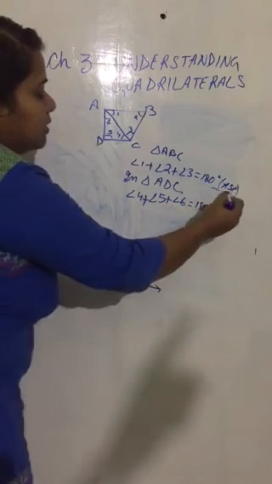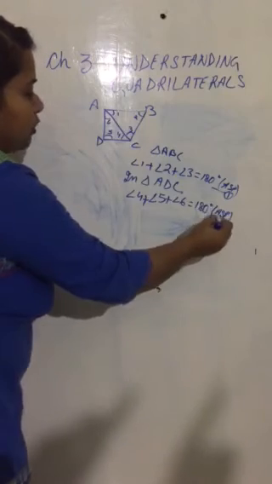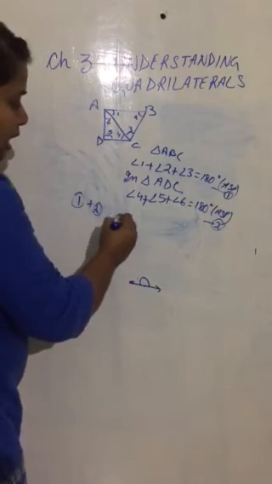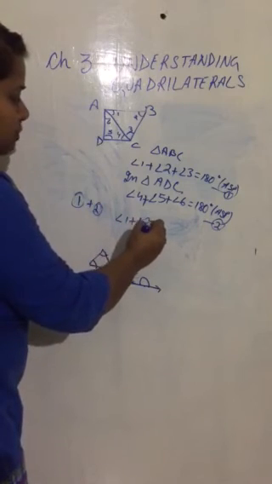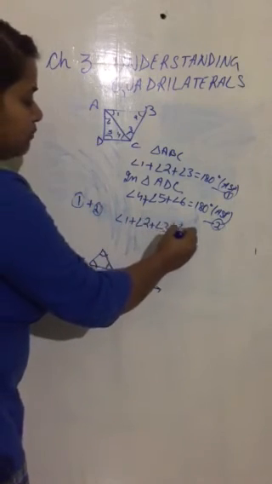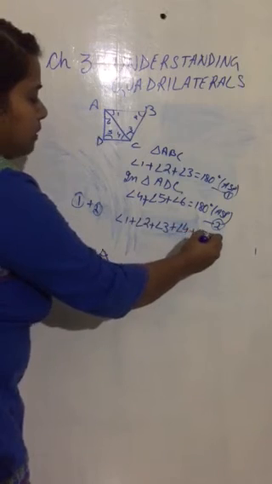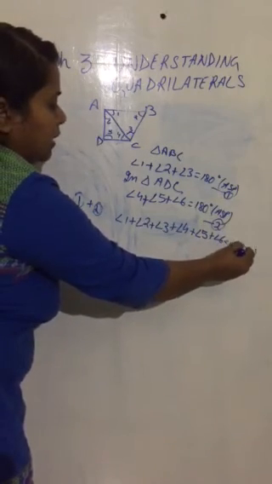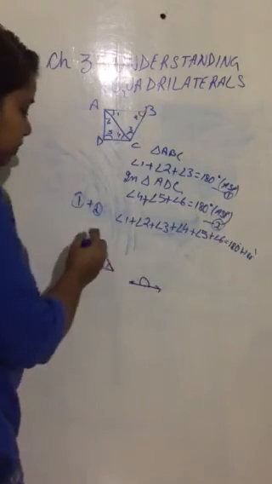Now, let us write this as equation 1 and 2. If you add these two equations, what do you get? Angle 1 plus angle 2 plus angle 3 plus angle 4 plus angle 5 plus angle 6 is equal to 180 degree plus 180 degree.